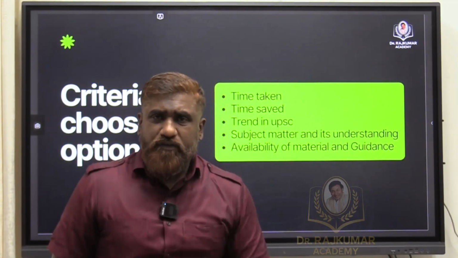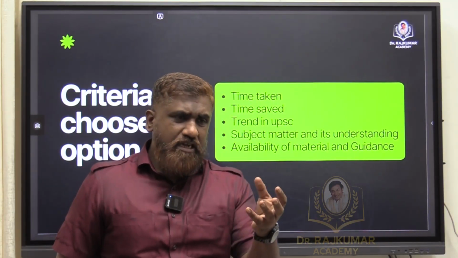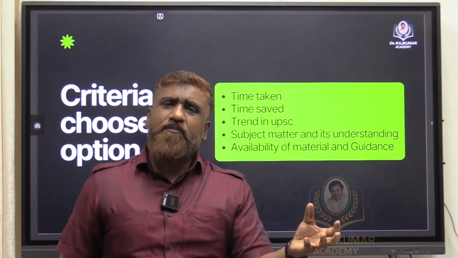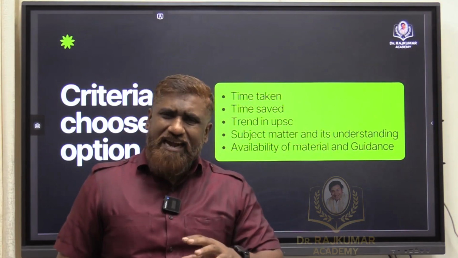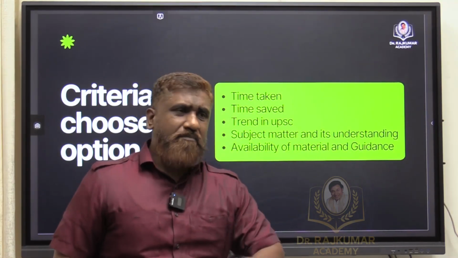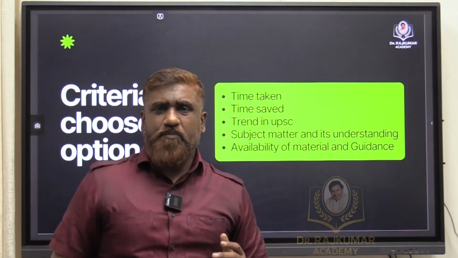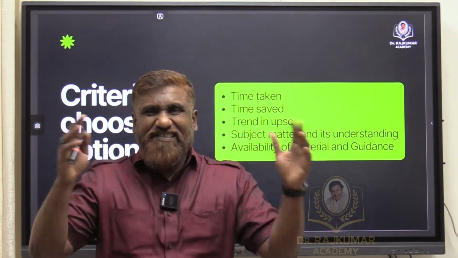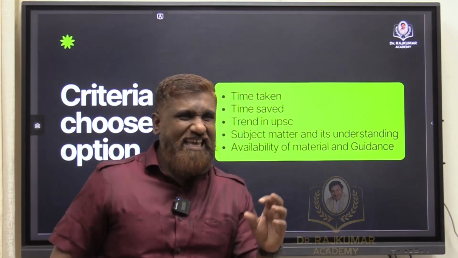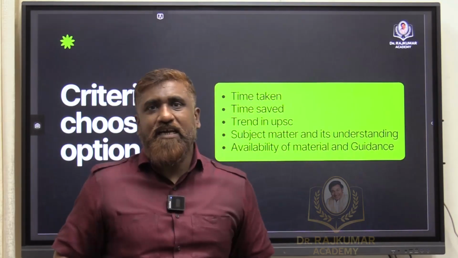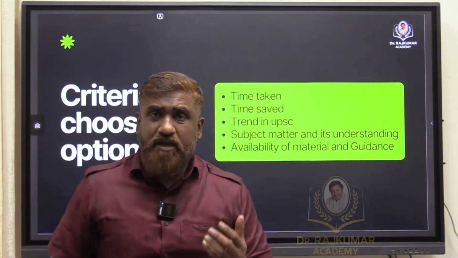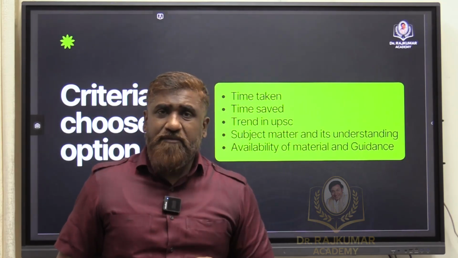Most of the students, while picking an option, randomly pick something because they like the topic, or they have been fascinated since childhood by hearing about a particular thing and want to study that. Is it the right way?